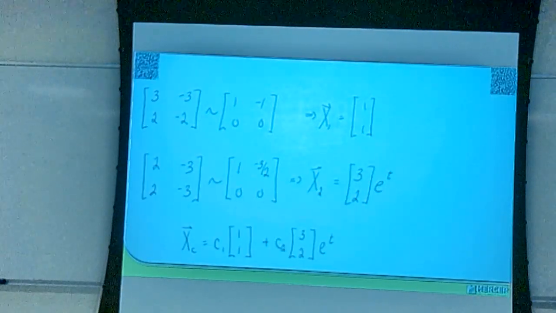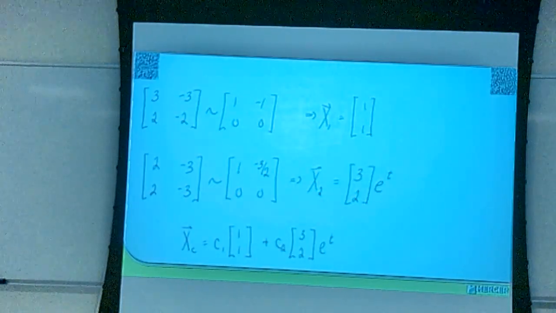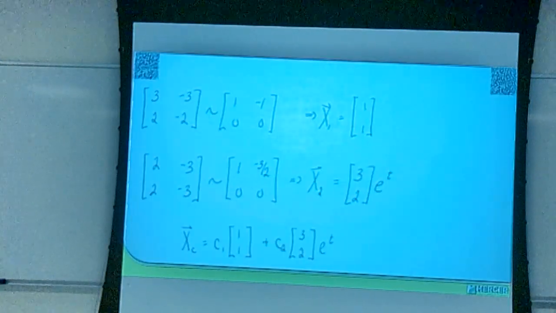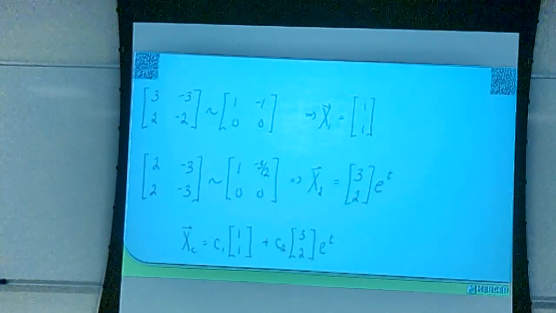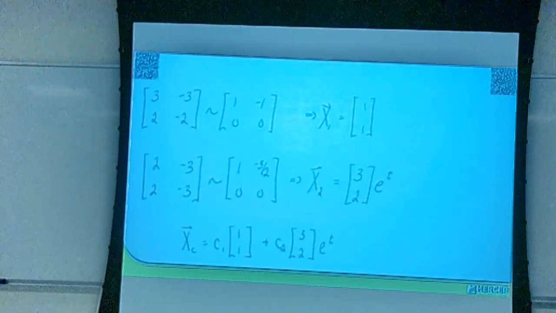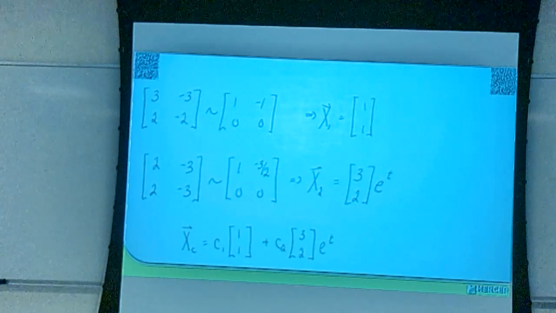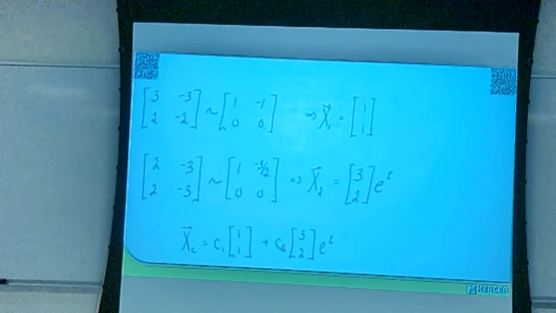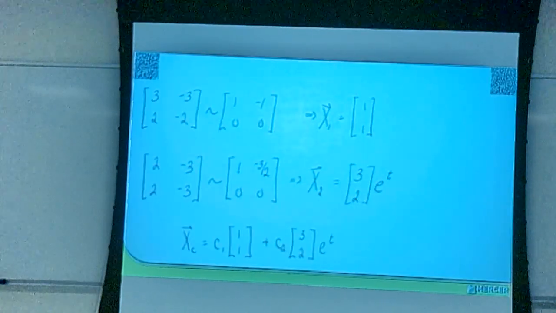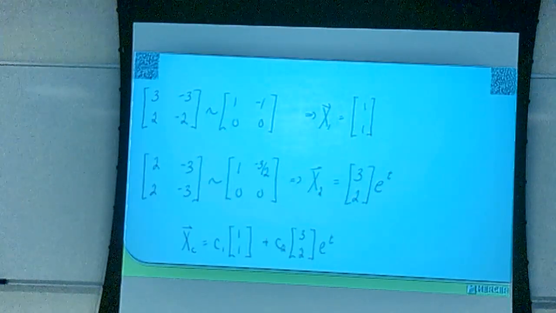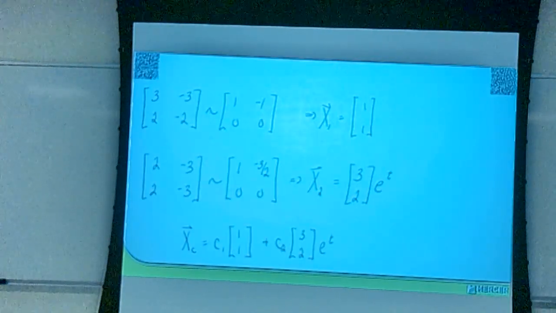Now for the particular. Coefficients would be really easy for this one.